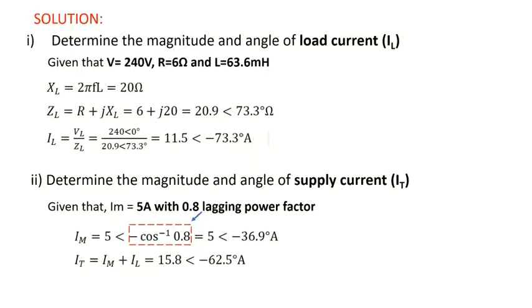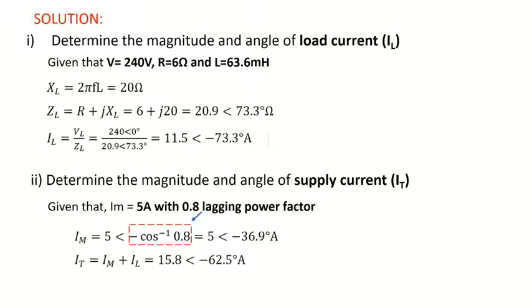First, determine XL, the reactance of the inductance, using the formula 2 pi FL, with F given as 50 hertz: 2 pi times 63.6 millihenry. So you get XL equal to 20 ohm.